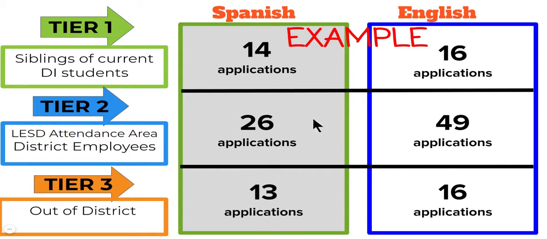In this example, we have 14 applications that qualify as siblings of current dual immersion students in the Spanish language category, 16 in the English language category for Tier 1, 26 applications for Tier 2 in the Spanish language category, 49 for Tier 2 in the English language category, 13 applications from out of the district in the Spanish language category, and 16 applications for Tier 3 out of the district in the English language category.